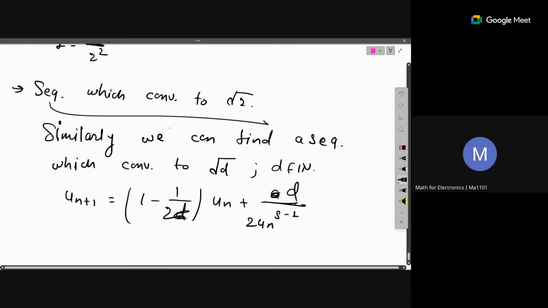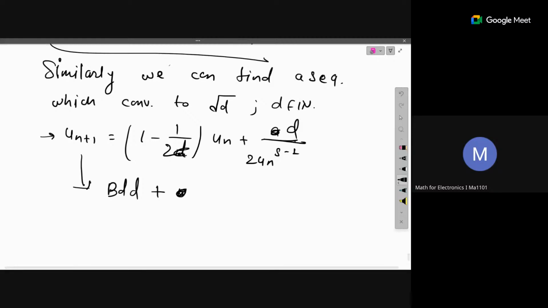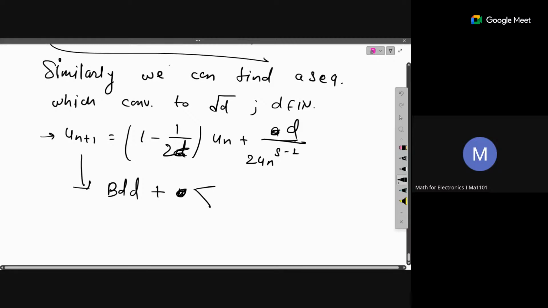If you consider this particular sequence u_n, it takes a little bit of effort to prove that the sequence is convergent. First, we will show that this sequence is bounded, and there is a particular method for finding out that this sequence is convergent. There will be two subsequences and all those things, but ultimately this sequence will converge, and what will be the limit of this sequence? The limit of u_n is nothing but the square root of d.